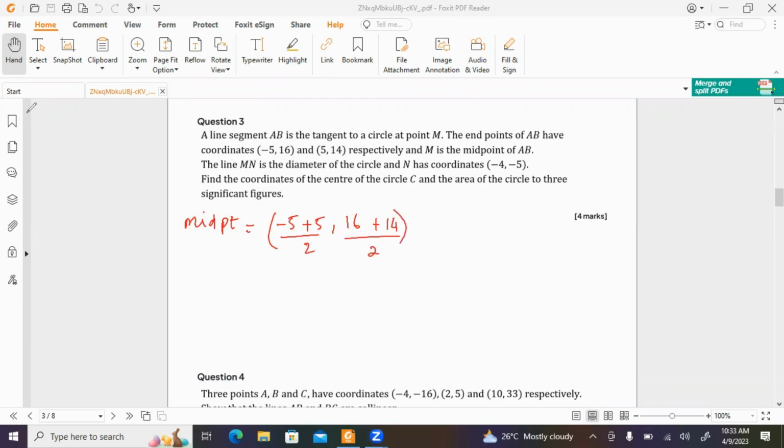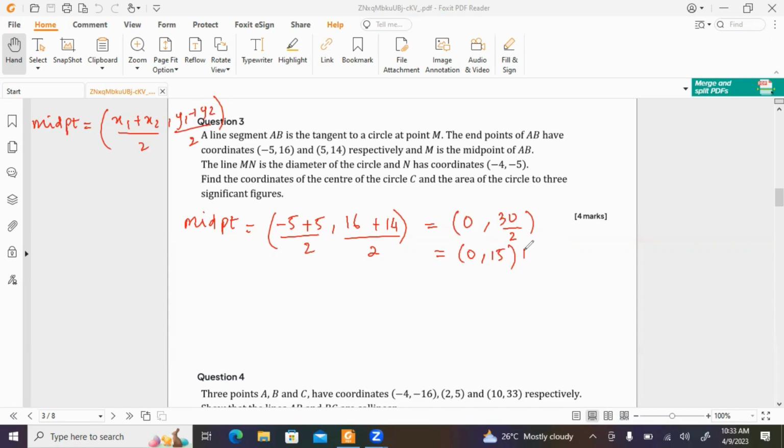You remember the formula for the midpoint, which we went through in the last questions that we did: (x1 + x2) over 2, comma (y1 + y2) over 2. So this would be 0, 30 over 2, which is 0 and 15. These are the coordinates of M, the midpoint.